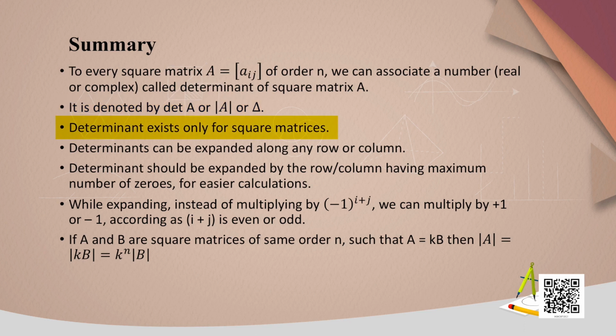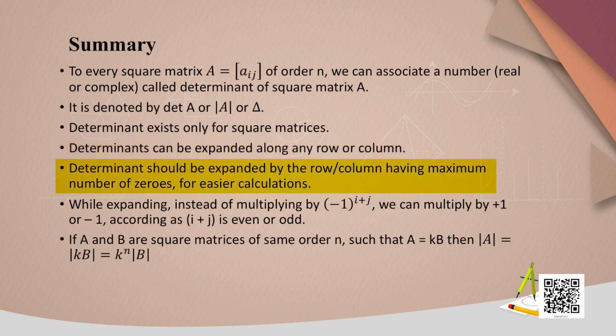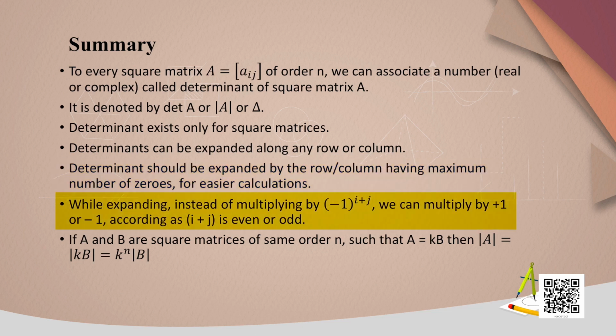Determinant exists only for square matrices. Determinant can be expanded along any row or any column. Determinant should be expanded by the row or column having maximum number of zeros so that your calculations become easy. You can expand by writing plus minus 1 alternately, whatever the case is.